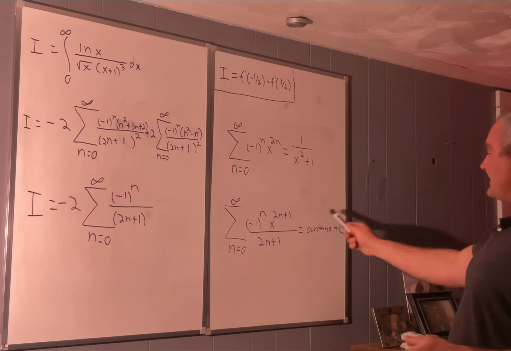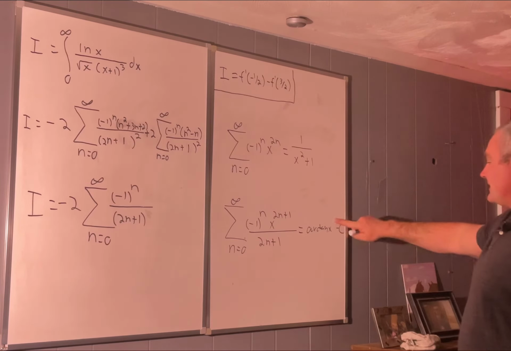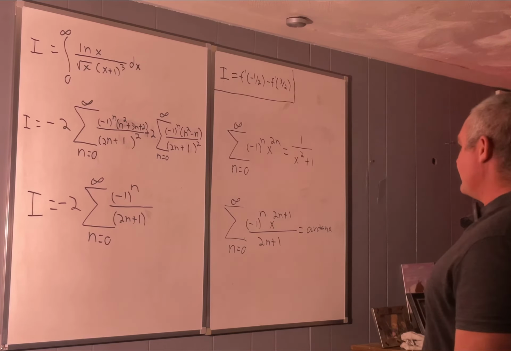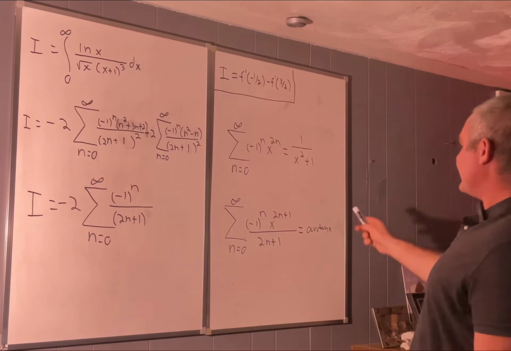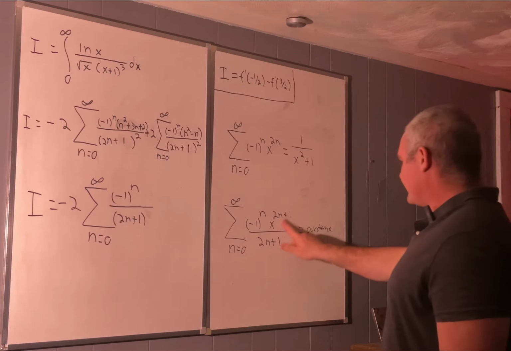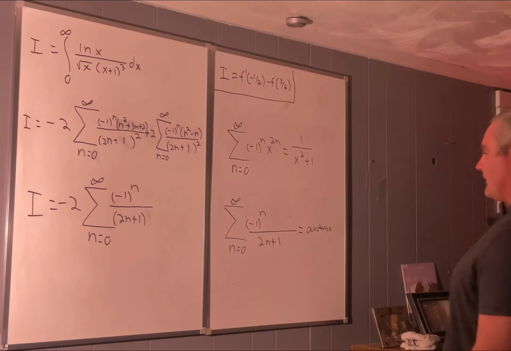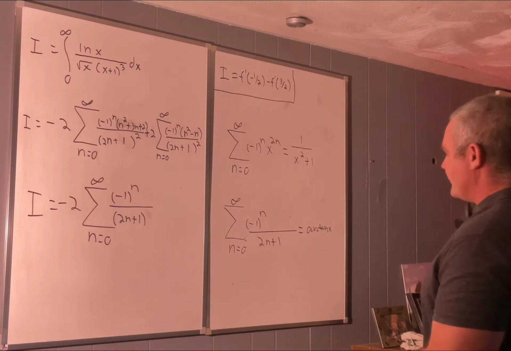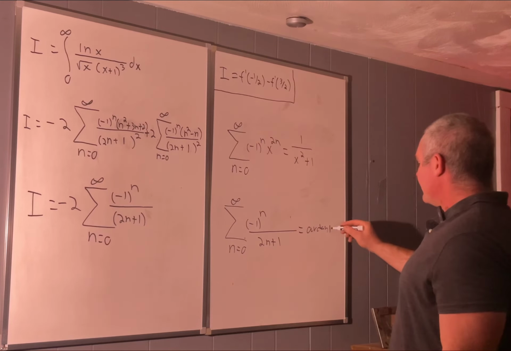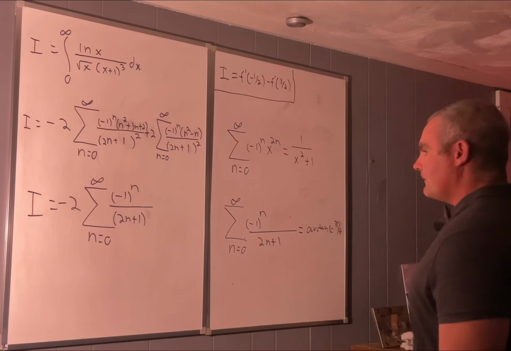We'll take x to be 0, and we'll get 0 is equal to 0 plus c, making our c equal to 0. Now plugging in 1 for our x would give us that the sum from n equals 0 to infinity of -1 to the n over 2n plus 1 is equal to the arctangent of 1, which is equal to pi over 4.